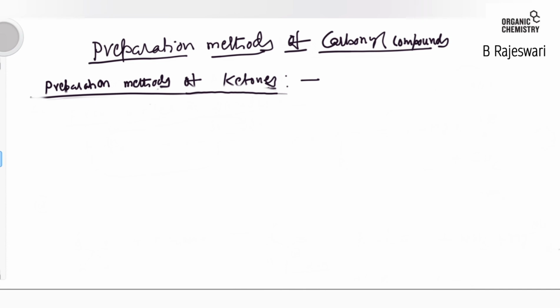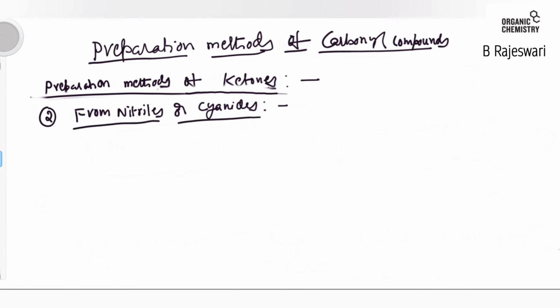Now coming to the second method, from nitriles or cyanides. When nitriles react with Grignard reagents, initially an intermediate compound is formed, which on further hydrolysis gives ketones.